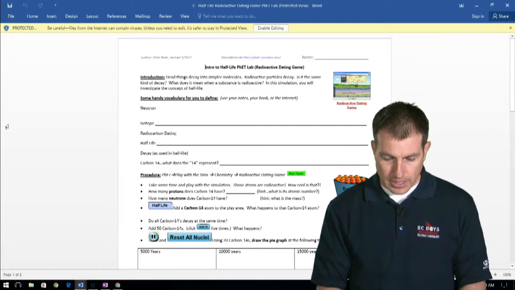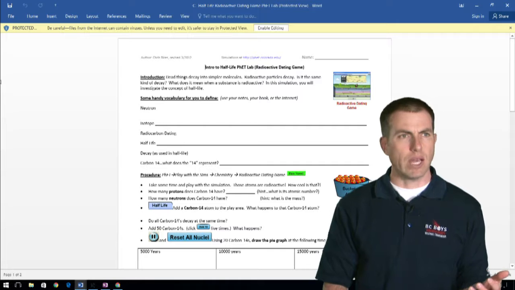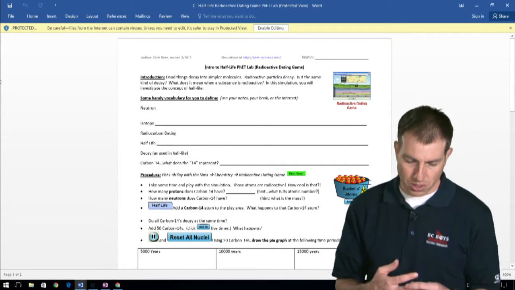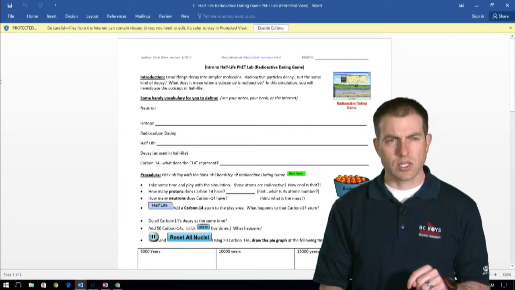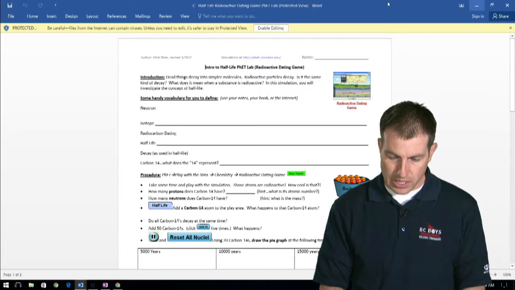The first few questions are basic vocabulary like neutron, radioactive dating, half-life, things that we've encountered already. And then it gives you some instructions on how to use the decay tool.